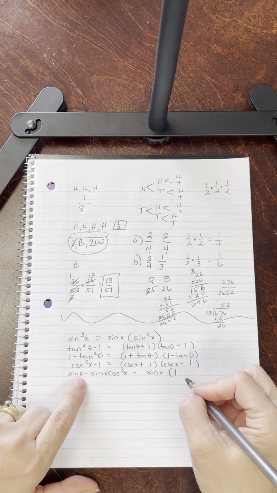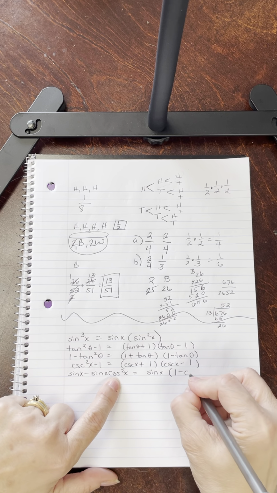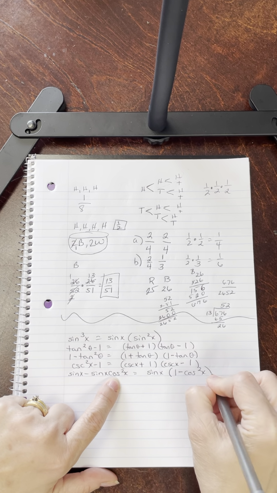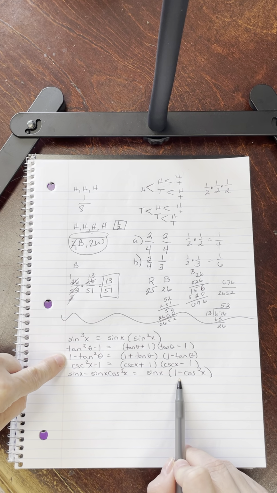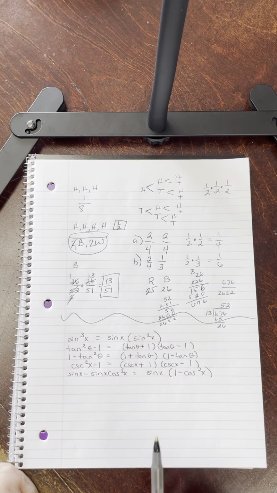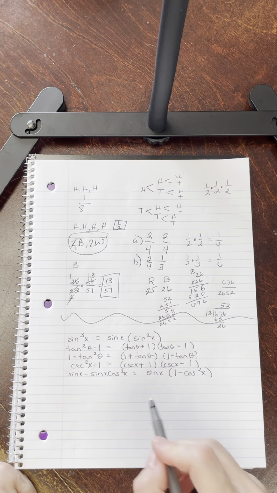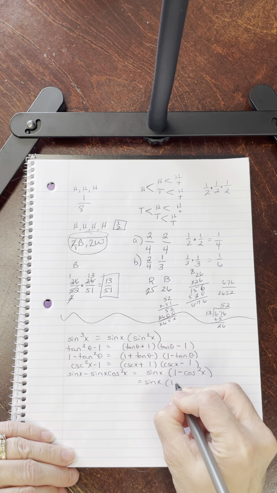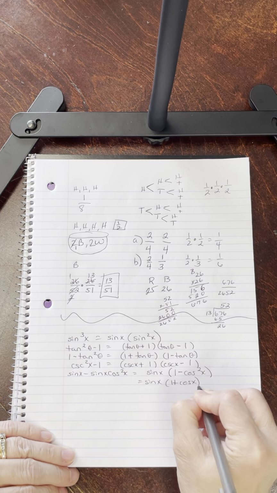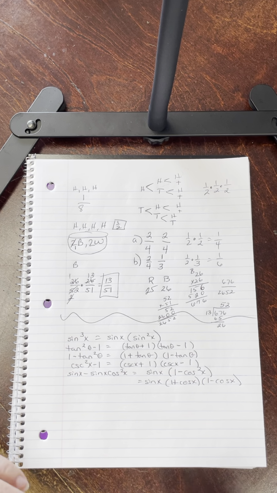Sine times 1 would give me the sine x minus, and since I pulled the sine out, all I have here is the cosine squared x. Oh, looky, this one can do the same thing we were doing here and actually split again, although in the book they leave it in this format. But this can become sine x with 1 plus cosine x and 1 minus cosine x, and that's also the same factoring as that.